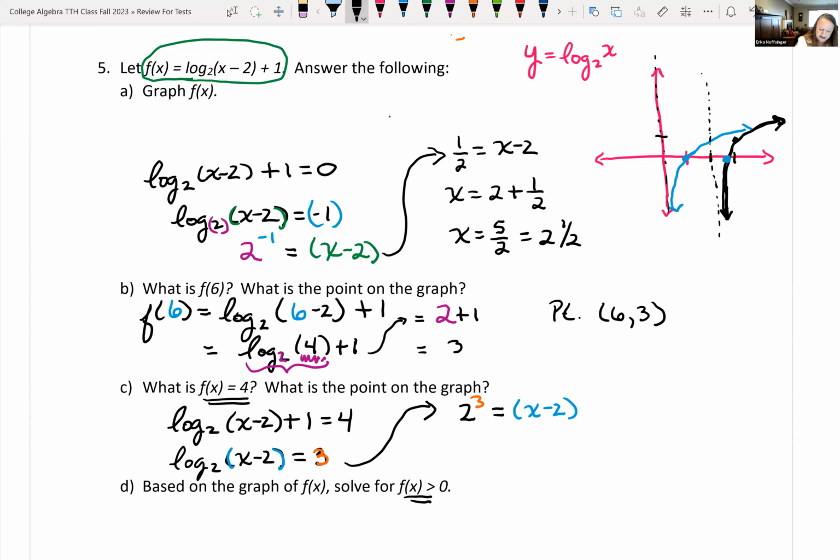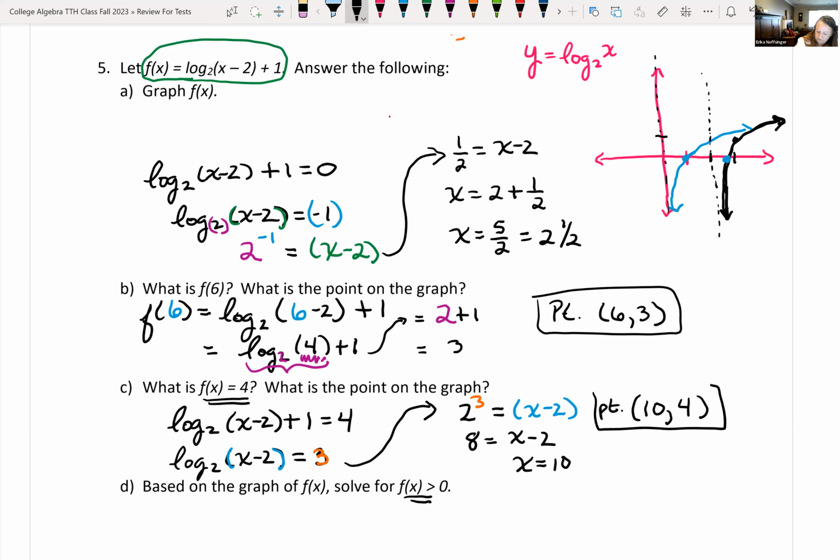So let's simplify. 2 cubed is 8. 8 is equal to x minus 2. So let's add 2 to both sides. We get x is 10. So what is the point? So when x is 10, our y value is 4. So in this case, our point is (10, 4).